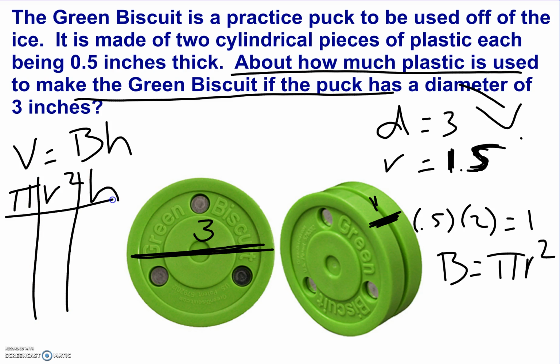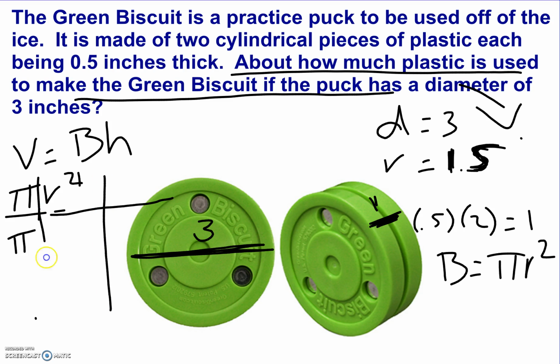Build your table. Your r is 1.5 squared. And I wrote too small. Or my table's too small, I should say. And then your height is 1. 1.5 times 1.5 is 2.25.